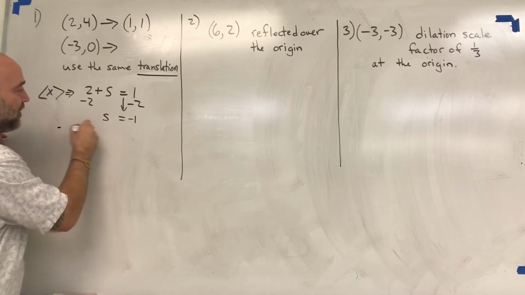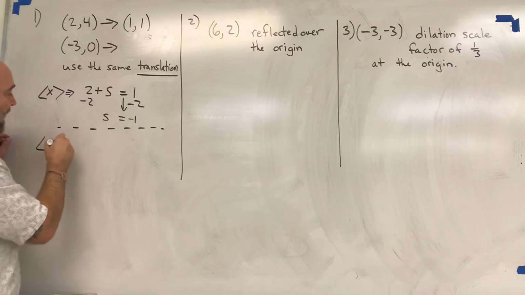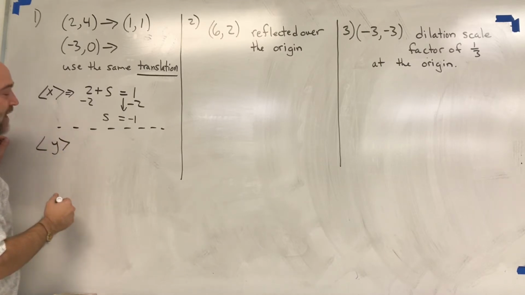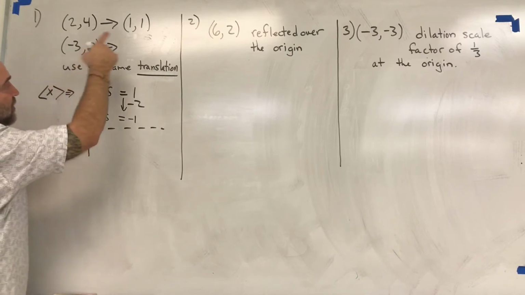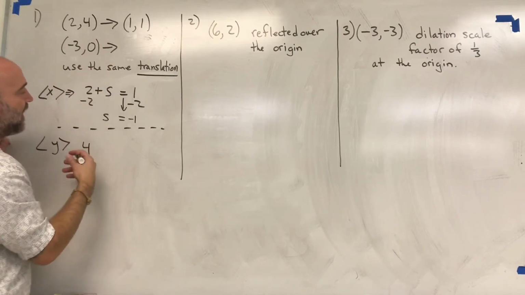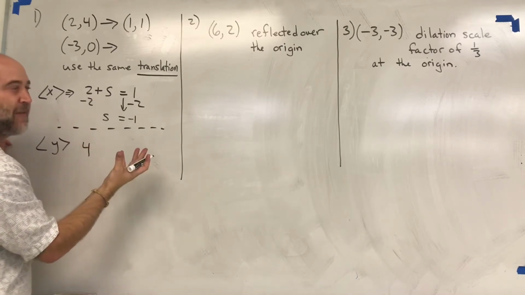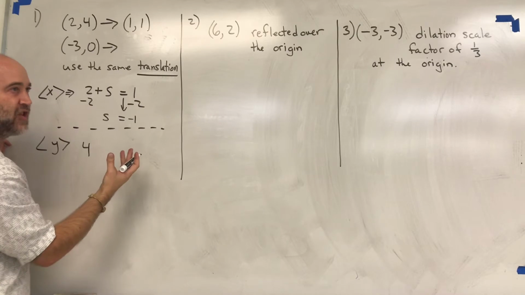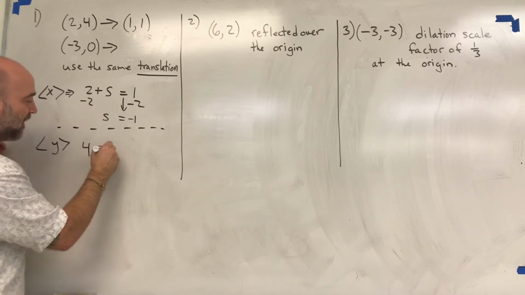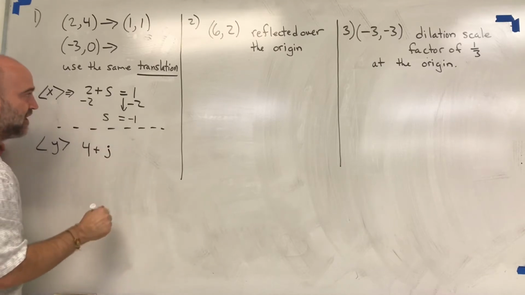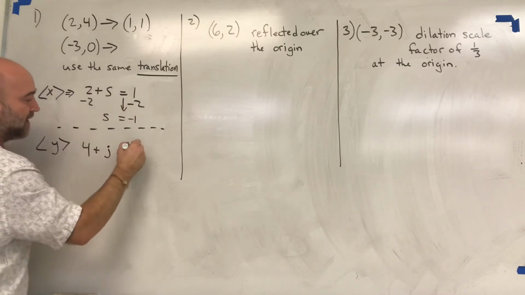Now we need to go ahead and do that for the Y component. So what translation is going on Y here? We start off with our original 4, and it gets turned into, let's use J. 4 plus some J that changes it is equal to that one right there.